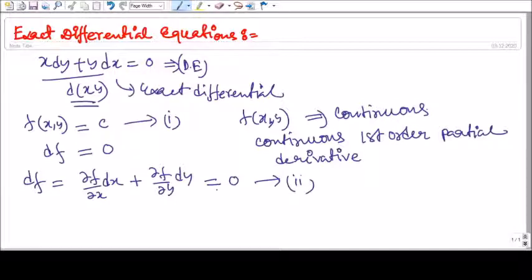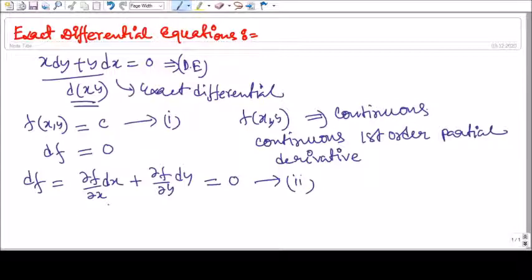So what I have said is that if there is a family of curves or functions, f equal to c, and if this function is continuous and has continuous first order partial derivatives, then we can generate a first order differential equation from equation 1, which is del f del x into dx plus del f del y into dy equal to 0, equation 2.